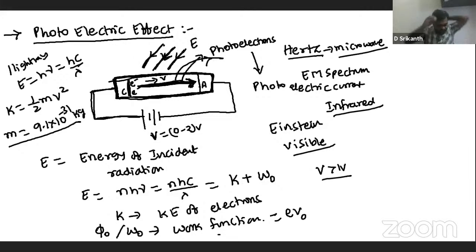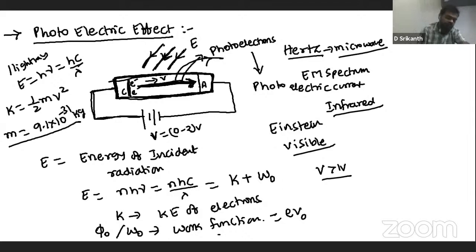The fourth point is the definition: emission of electrons from a metal plate when illuminated by electromagnetic radiation of suitable wavelength. All of you underline that one and must read and remember. Most important: this photoelectric effect with respect to IPE, they will ask either in a 4 mark or 8 mark question.